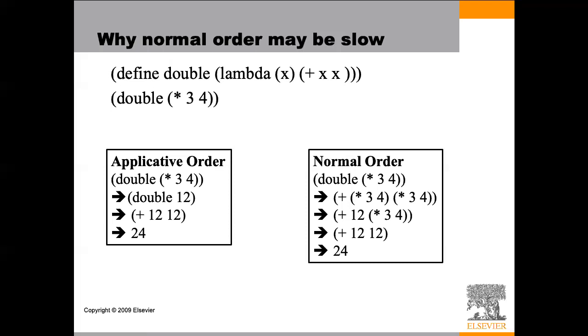So normal order looks more like macro substitution, where whatever is the expression for the argument is literally substituted for the expression in the function. And you save time if that argument never has to be evaluated. But if it has to be evaluated more than once, you lose time. And as we all know, generally arguments are evaluated one time or more, so normally normal order is slower.